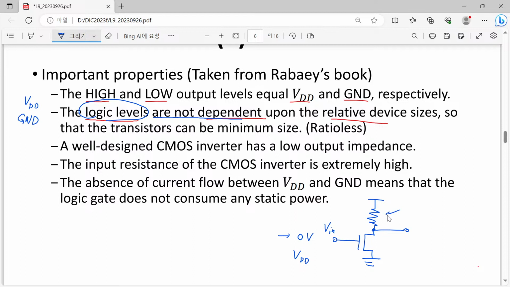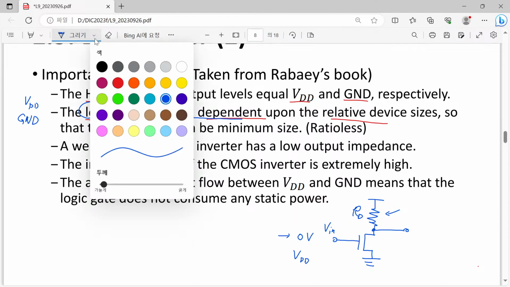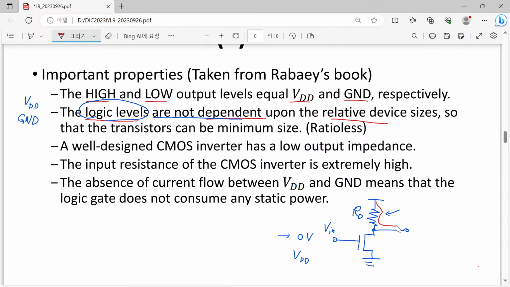Although this is not a PMOSFET, just a normal resistor, this one has a finite resistance RD. Then what will happen? The only available electrical connection is this one. So we will have output voltage exactly equal to VDD.